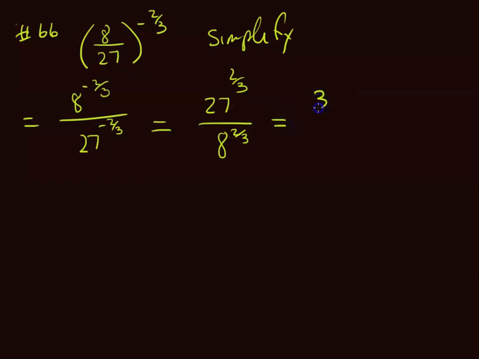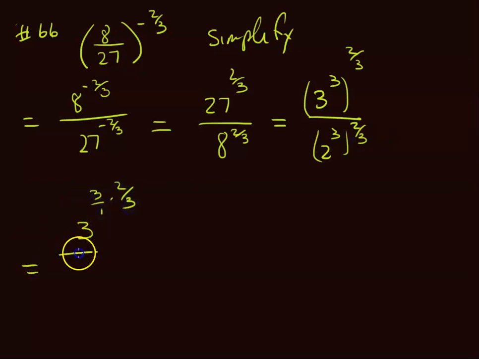Because 27 is 3 cubed and 8 is 2 cubed, we can use that to the 2/3 power. And we get 3 to the 3 over 1 times 2/3 over 2 to the 3 over 1 times 2/3.